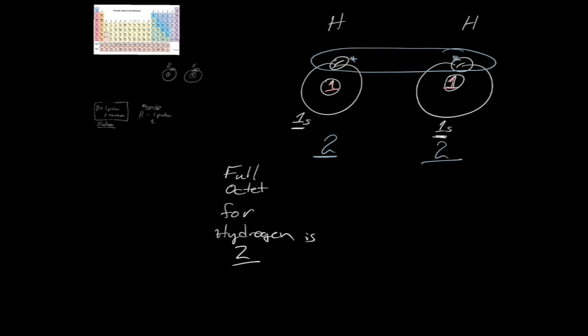So hydrogen is satisfied. And that's why we write hydrogen gas. And if we rewrote it in the line diagram, it would look like this. And as it turns out, that is hydrogen gas. And we saw that in the lab. So that's our hydrogen gas.